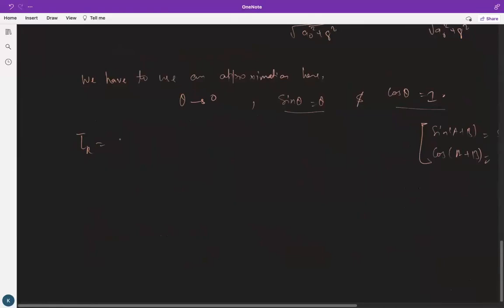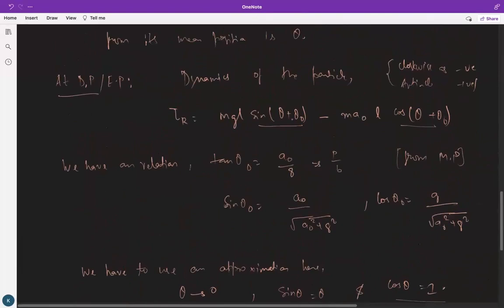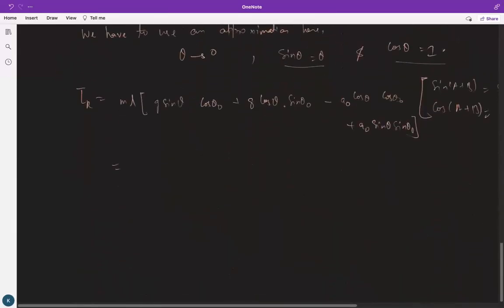Taking ml as common, it will be g sine theta cos theta naught plus g cos theta sine theta naught minus a naught cos theta naught plus a naught sine theta, right? I'm just opening these terms, taking ml as common and opening sine of theta plus theta naught as sine of A plus B.